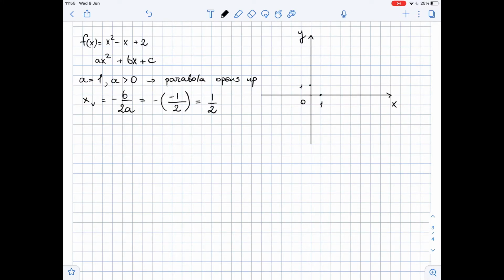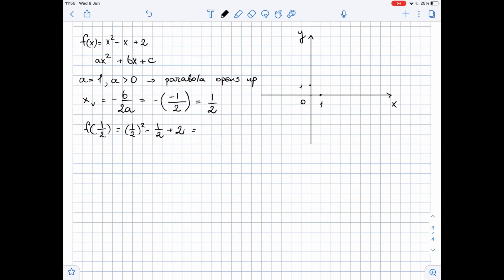Well, now we need to find the y coordinate of the vertex. So we need to find f of 1 second. So this is equal to 1 over 2 squared minus 1 over 2 plus 2. Let's do the calculations.